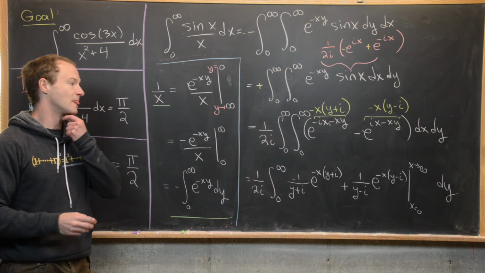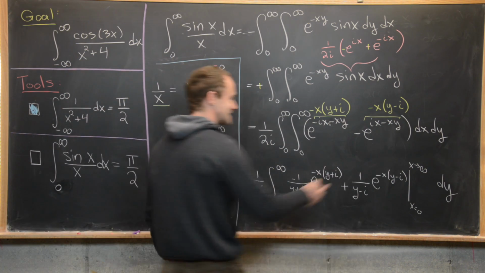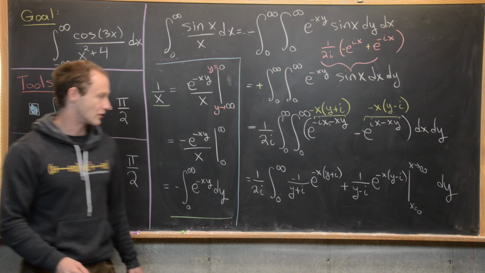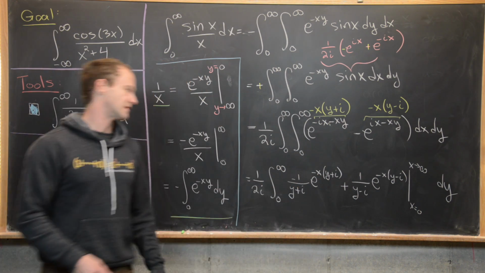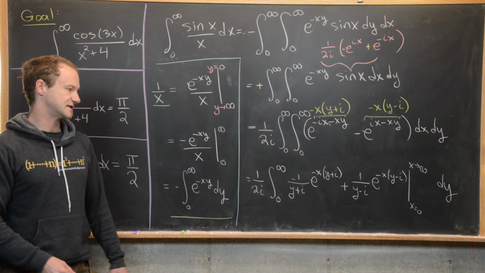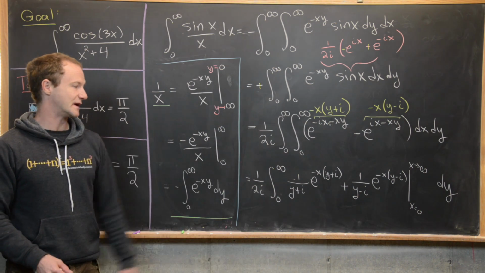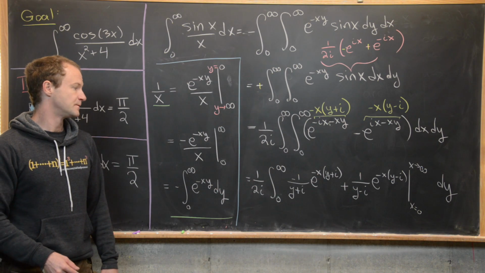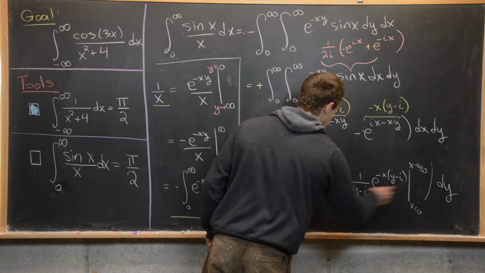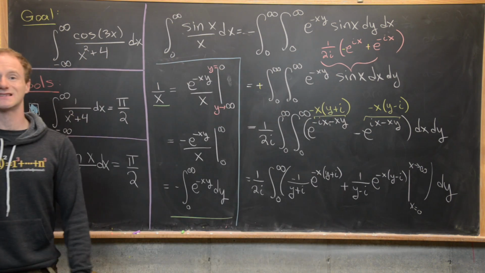Now I want to point out that as x approaches infinity, each of these things approaches 0, because the real part of the exponential is approaching negative infinity, so that whole thing is approaching 0. So all we get out is when x is 0. When x is 0, we get whatever is in here, but with the opposite sign.